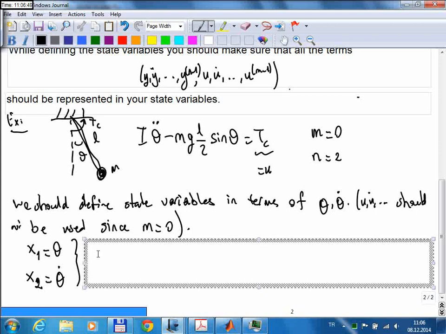Okay, so let me just say that this is the most natural choice of state variables, and it always works.